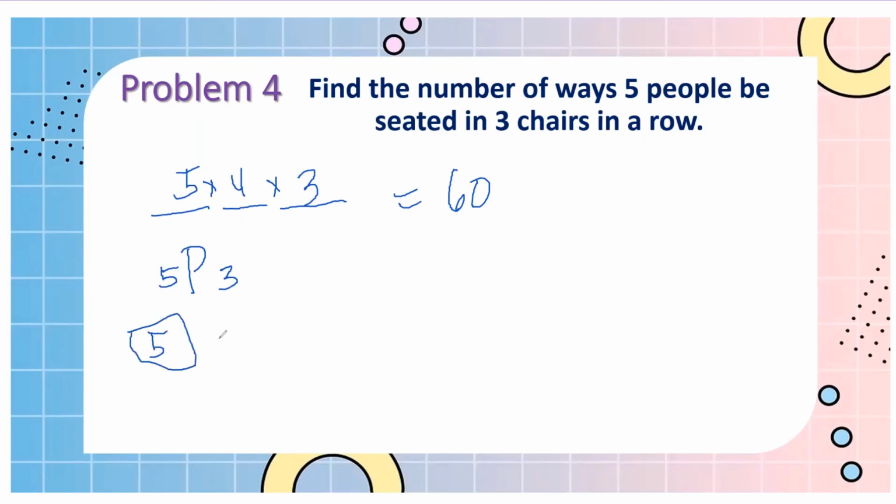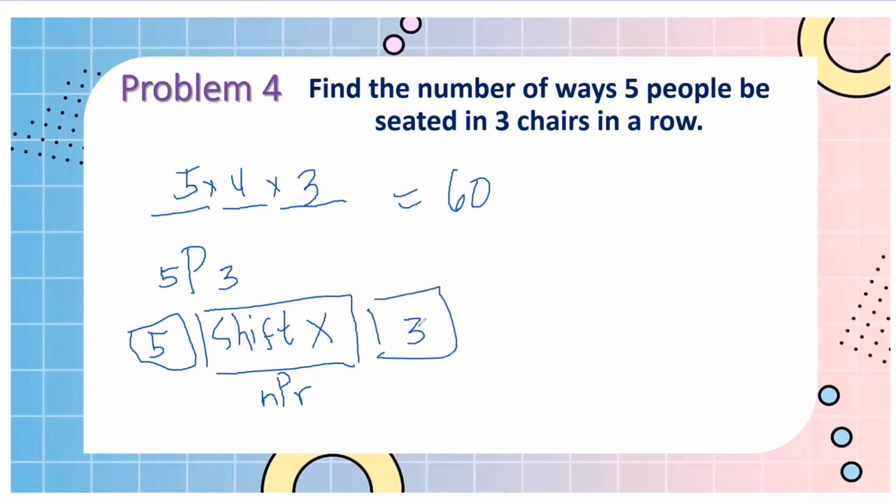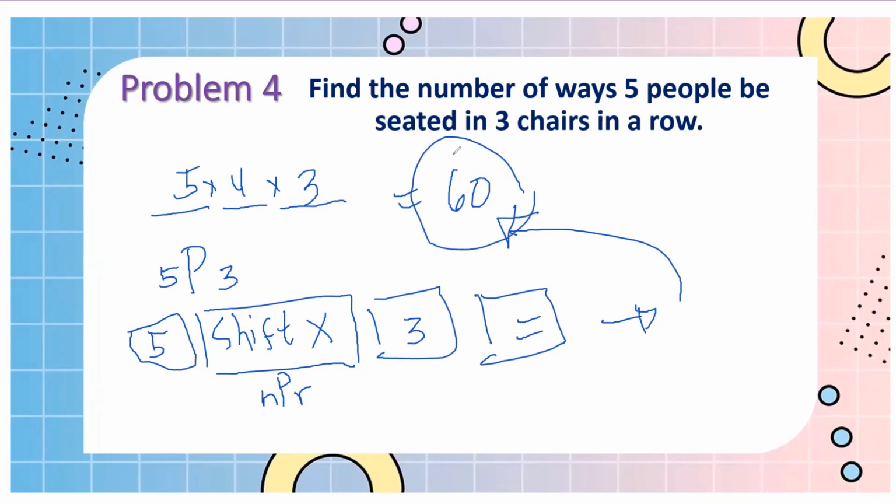Next to 5, yung shift, di ba? Shift X, kasi nasa baba niya yung P, yung NPR. So, shift X is equivalent to NPR. Tapos, press 3, and then press equal sign, and the answer is 60. Ayan, 60 yung sagot. Okay, nakuha ba?